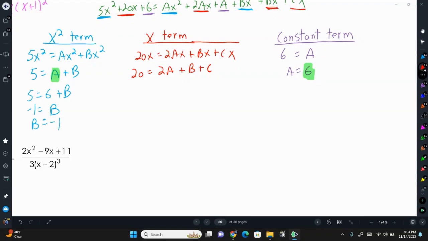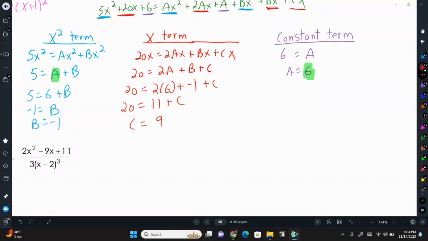And then we can go to the red and say, okay, 20 equals 2 times a, which is 6, plus b, which is negative 1, plus c. So 20 equals 11 plus c. Subtract 11 from both sides. C is equal to 9.